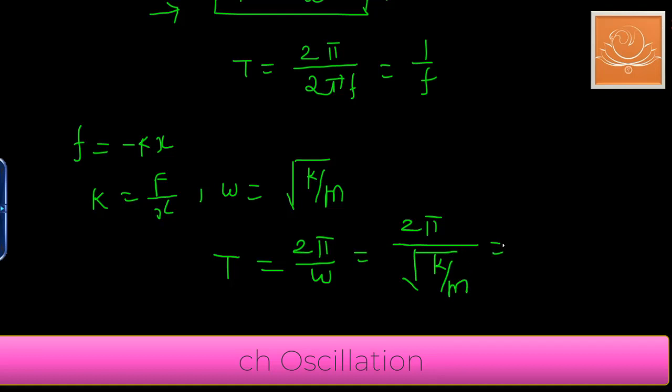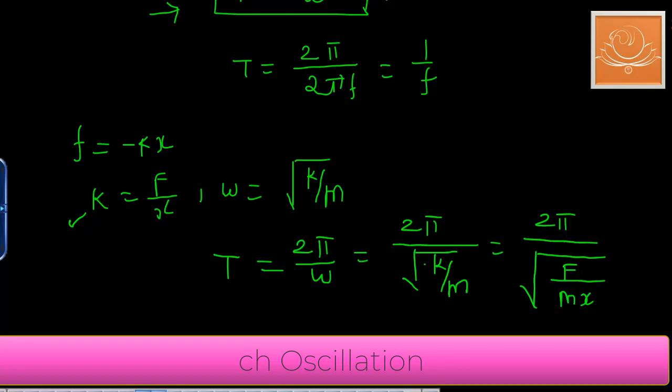This can be written like this: 2 pi divided by under root f divided by mx, because k equal to f by x. Substitute this k equal to f by x in this position. Hence the equation becomes 2 pi divided by under root.